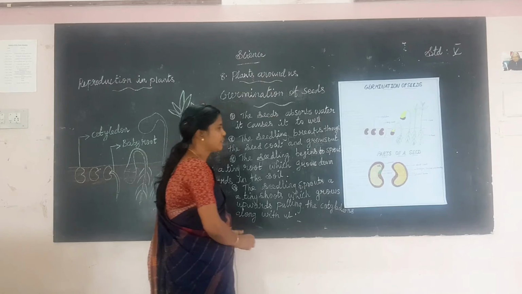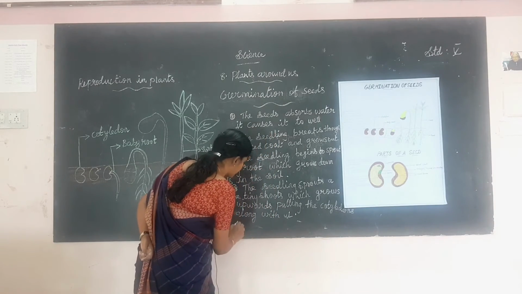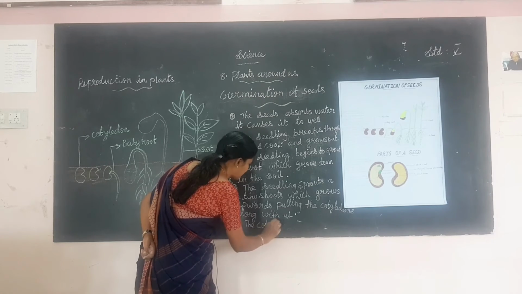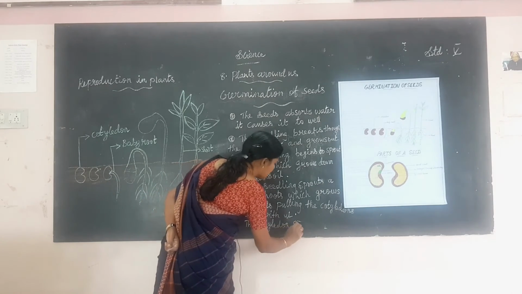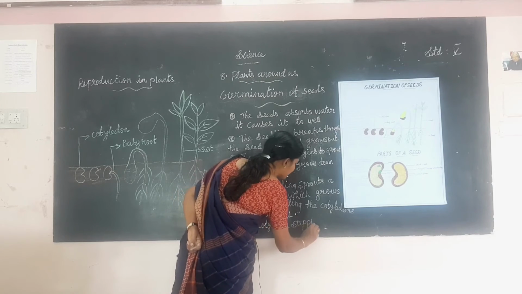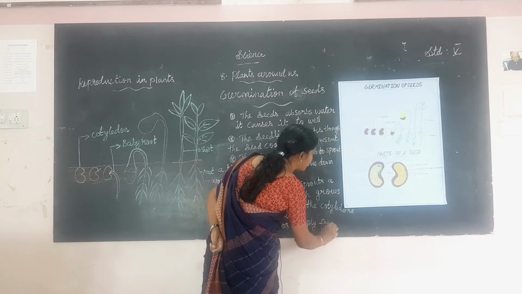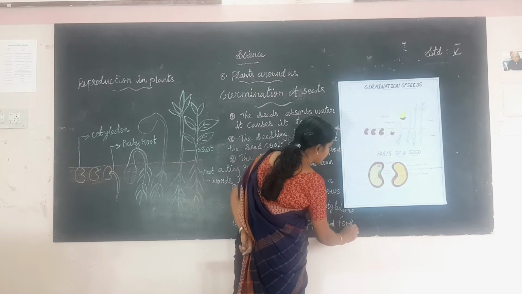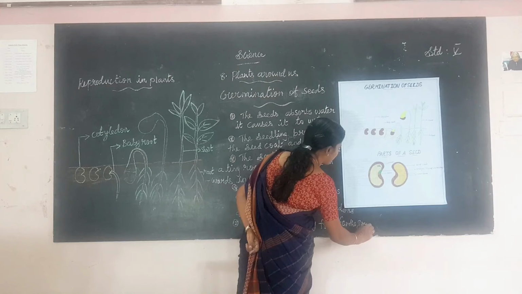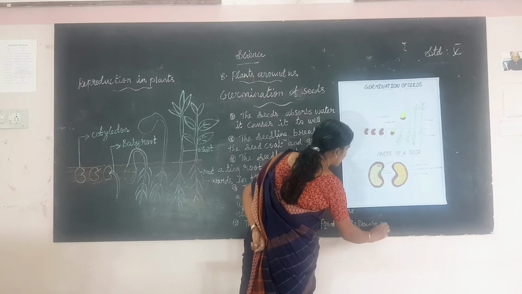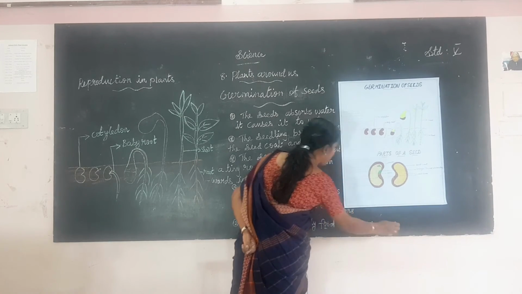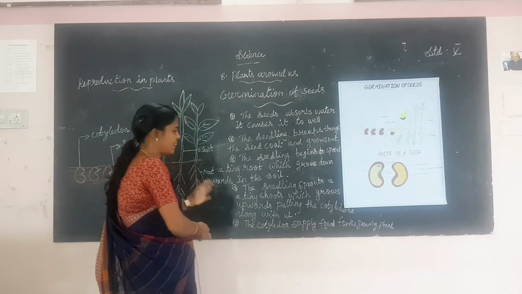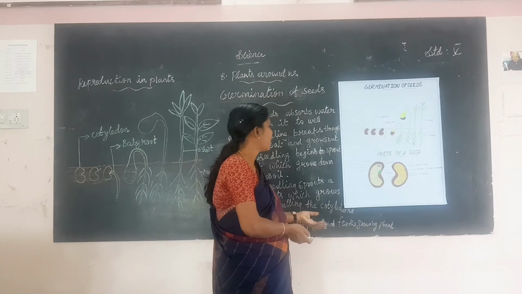The cotyledons supply food for the growing plant. Which one supplies the food for the growing plant? The cotyledons supply the food for the growing plant.